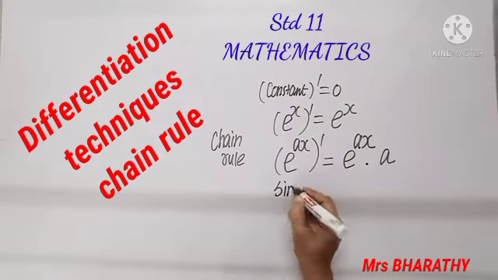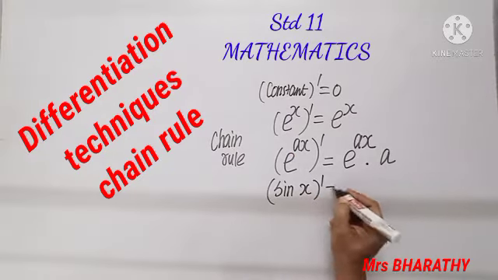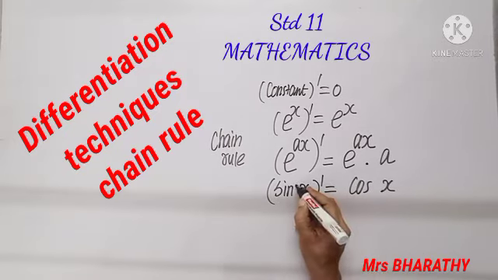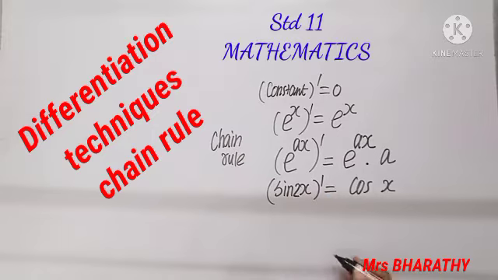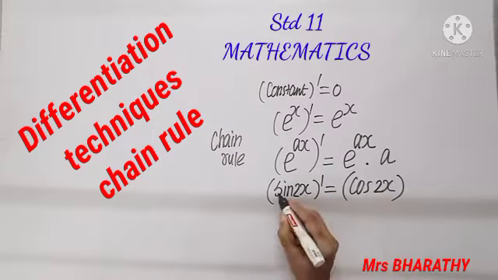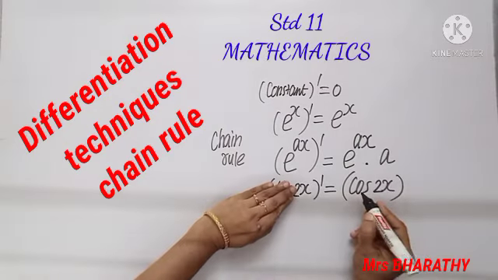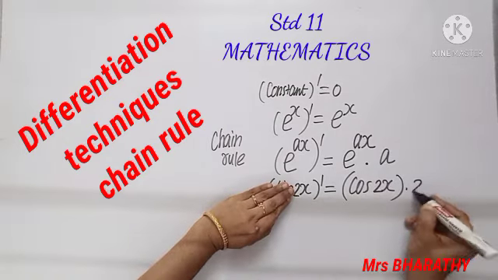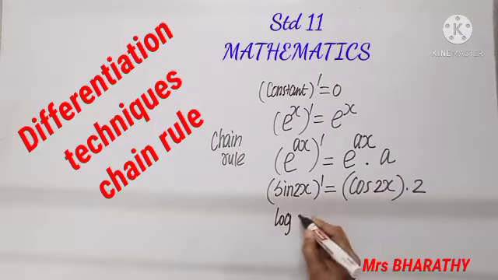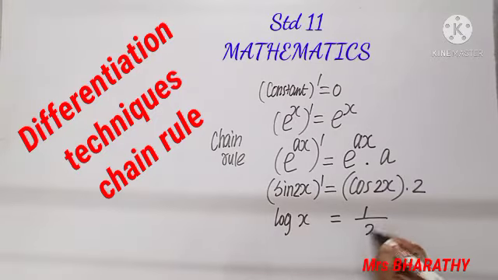Suppose sin x is there. The derivative I call cos x. Suppose sin 2x is there. The derivative is cos 2x. I finished sin. Hide it. 2x becomes 2. Similarly, log x becomes 1 by x.